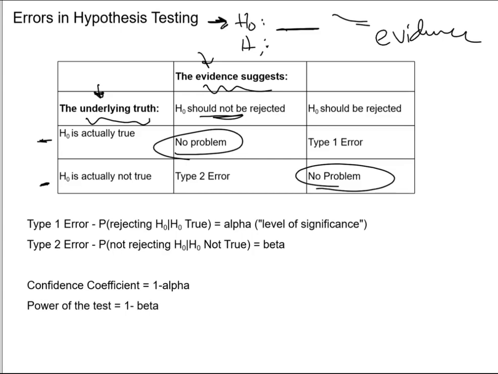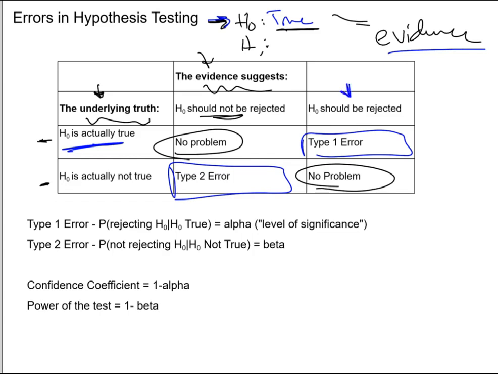The problem comes in these off diagonals, right? And these off diagonals, we've already talked about one of these two, a type 1 error, right? In a type 1 error, the null was actually true. Whatever we had in the null is actually the underlying truth of the situation. However, the evidence suggests, no, reject that null. We got it wrong.